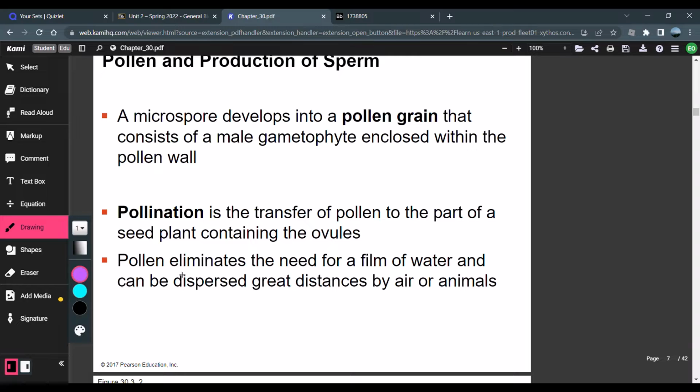If you remember, seedless non-vascular and vascular plants are restricted to moist environments. So gymnosperms and angiosperms can thrive in drier conditions and spread through more climates. As long as there's wind, they can reproduce through pollination, or through animals.